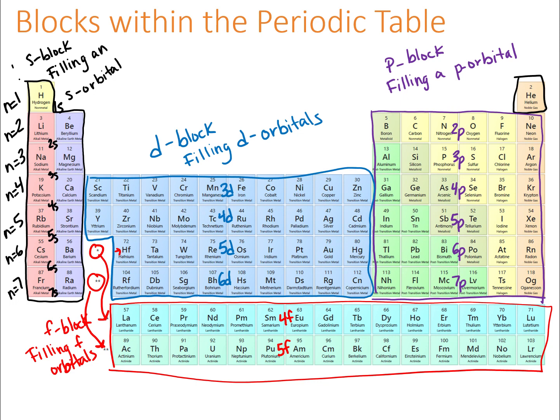You literally walk across the periodic table and read it off. You always start here in this top left corner with hydrogen, right? N equals 1. That's in the 1s. So you fill that first. Then you drop down to N equals 2. You fill the 2s. Then you go across to the 2p.